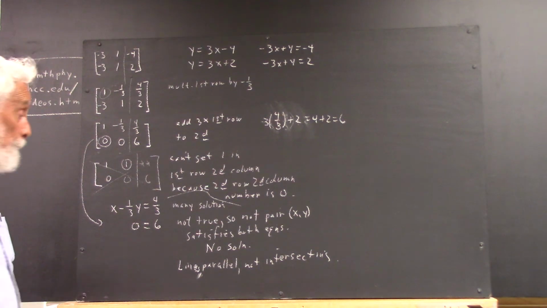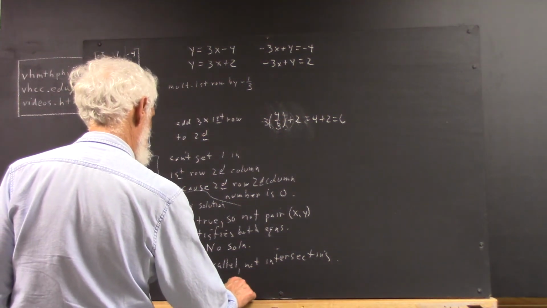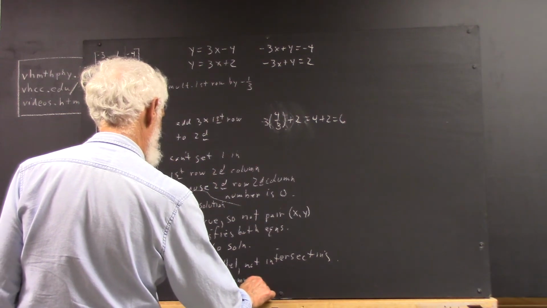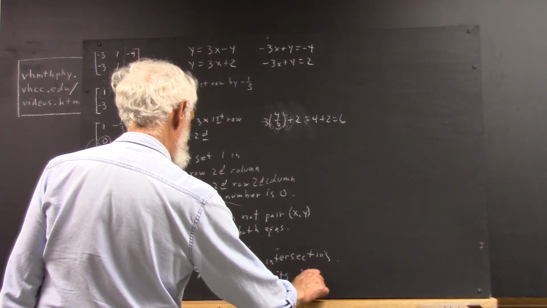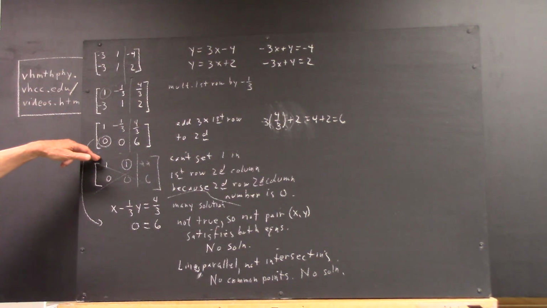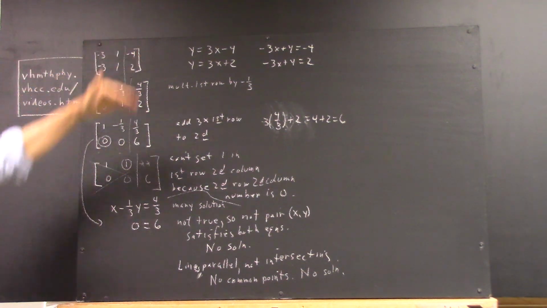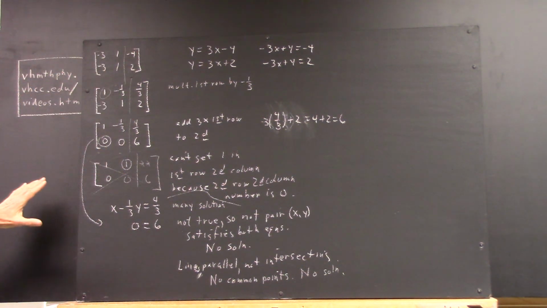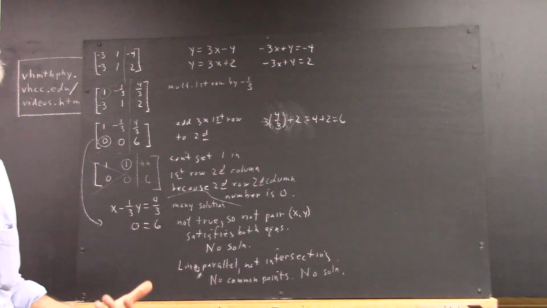So there are no common points. No solution. And this process told us that that was the case, whether we graphed it or not. We know now if we did this correctly, and if we graph those equations, they aren't going to intersect, they're going to be parallel, they'll never meet. Okay. So that's one possible case.